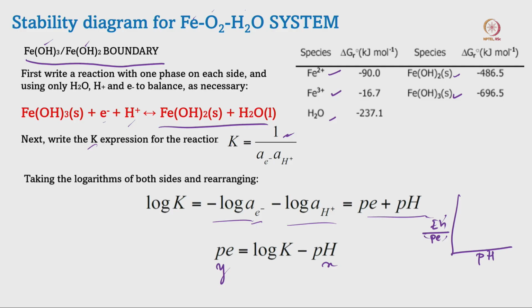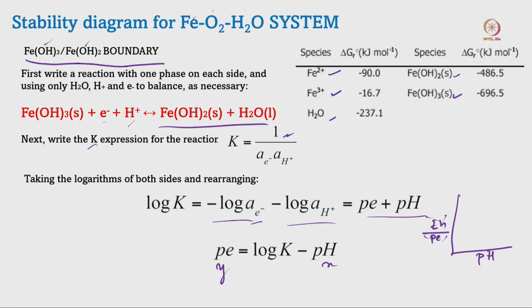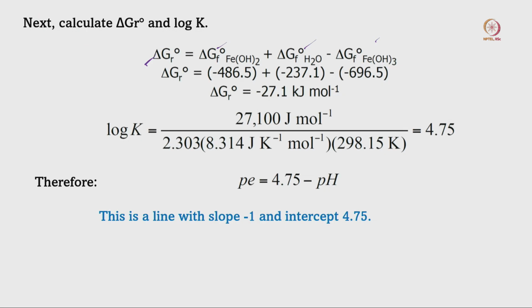Now, let us calculate what is log K. To calculate log K, we need to calculate the delta G0 R, right. So, how do we calculate that? From the formation values. So, we are being provided with these values, we just plug in those values.